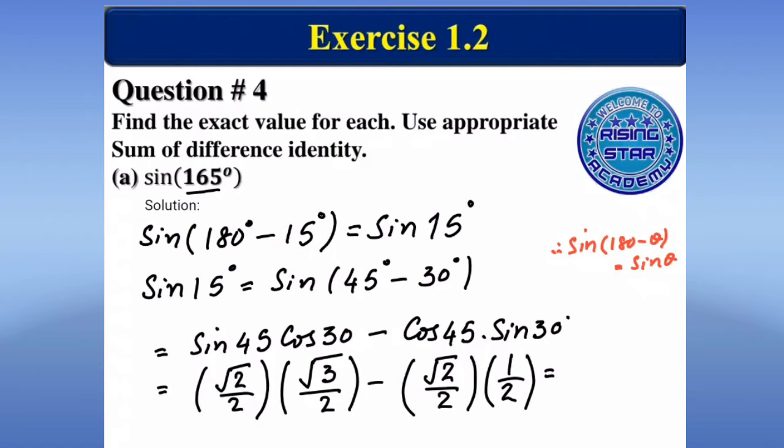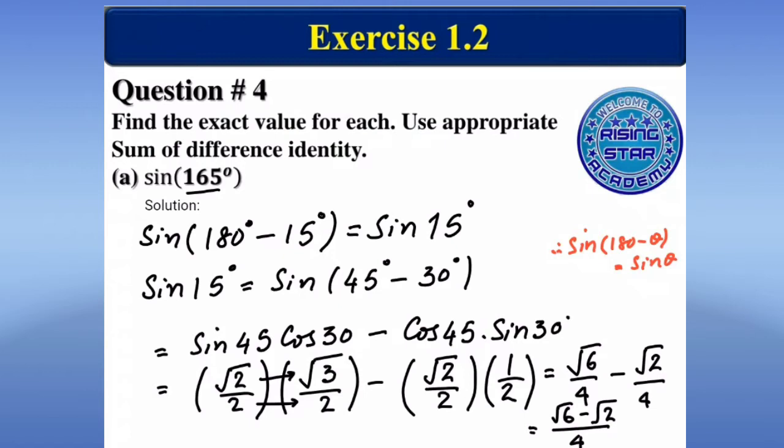We will multiply square root 2 by square root 3 and this 2 by 2. So we have square root 6 by 4 minus square root 2 by 4. So 4 is the LCM. Now we have square root 6 minus square root of 2. That would be our final answer.